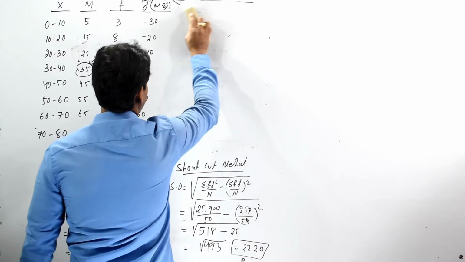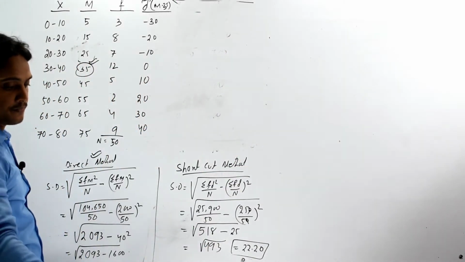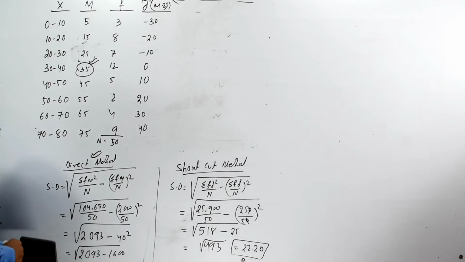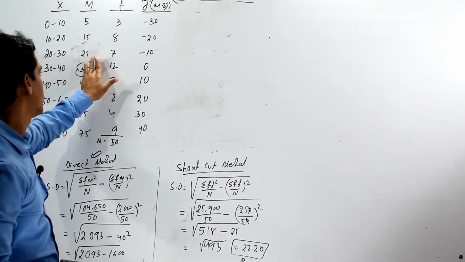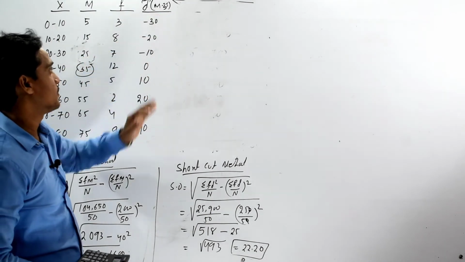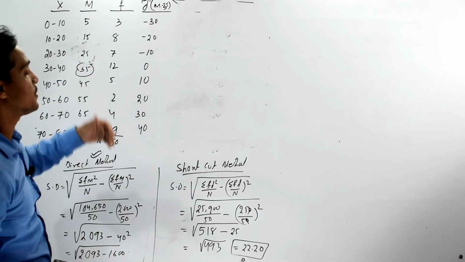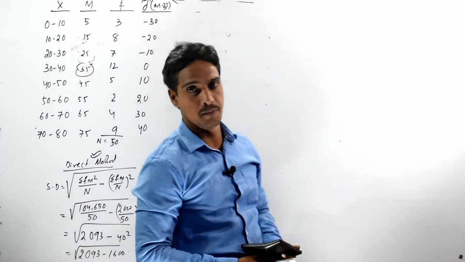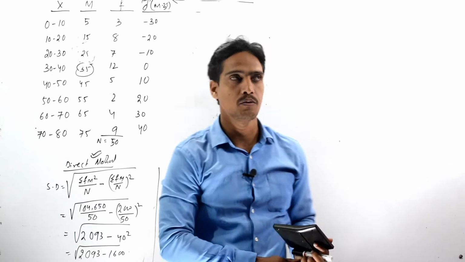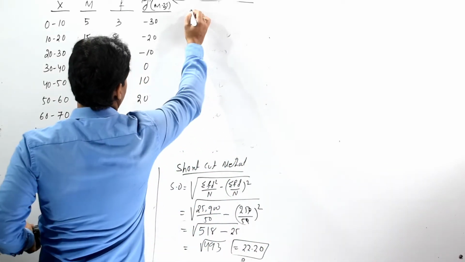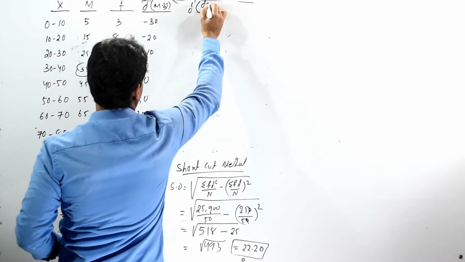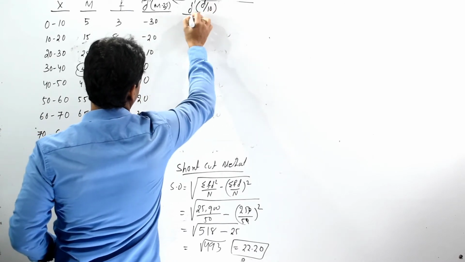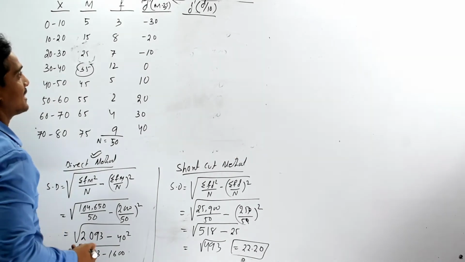So for calculating standard deviation by the step deviation method, we should find out the midpoint, then find the deviations of the midpoint by taking an assumed mean, then find d dash, which should be calculated as d divided by the common factor or class interval.